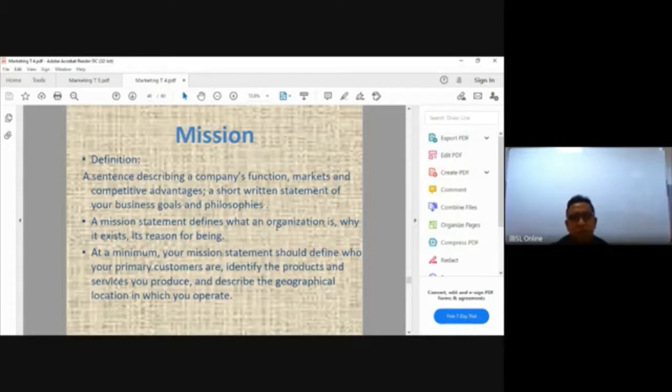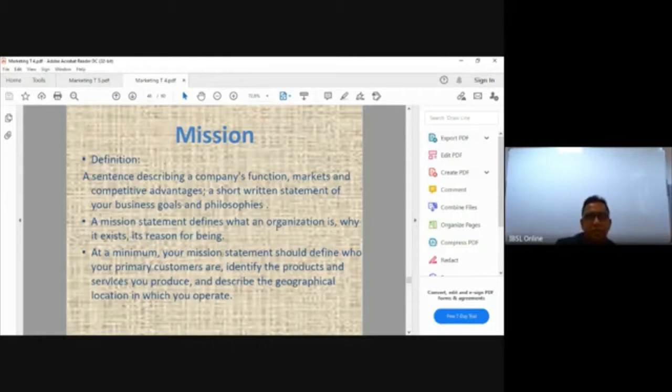So generally, mission stems from the vision. When you have the broader direction, then what the company should be doing in order to get to the desired direction is expressed in the mission statement.